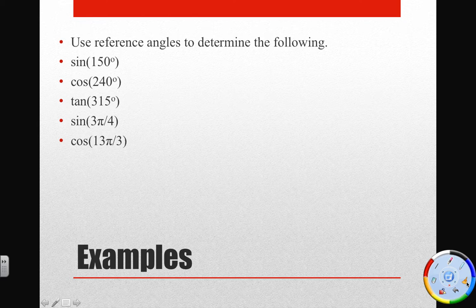Last one on this page here, cosine of 13 pi over 3. Oh, this one's going to be hard because there's no 13 pi over 3 on my circle. But we do have stuff with thirds on them. So I want to think about this. If I go halfway around my circle, that's 3 pi over 3.